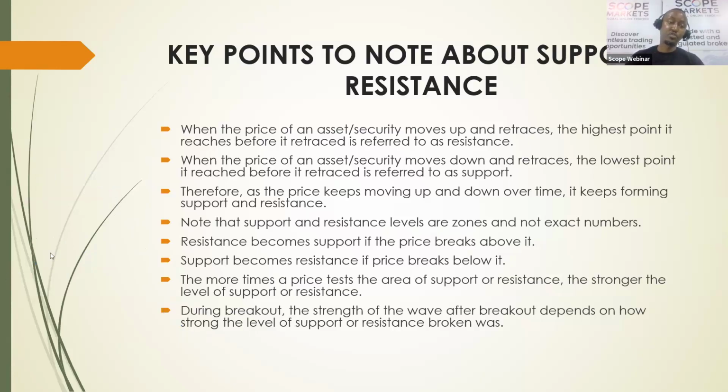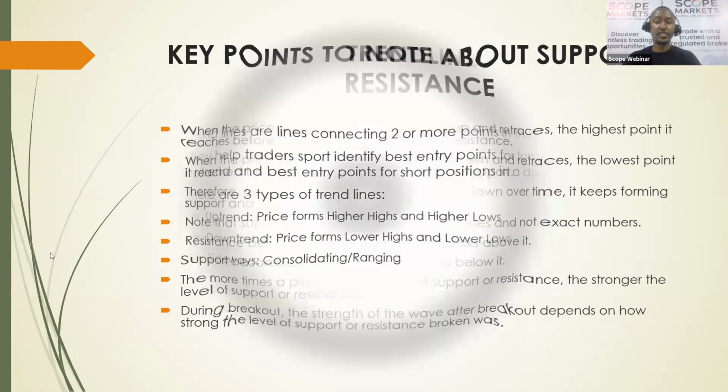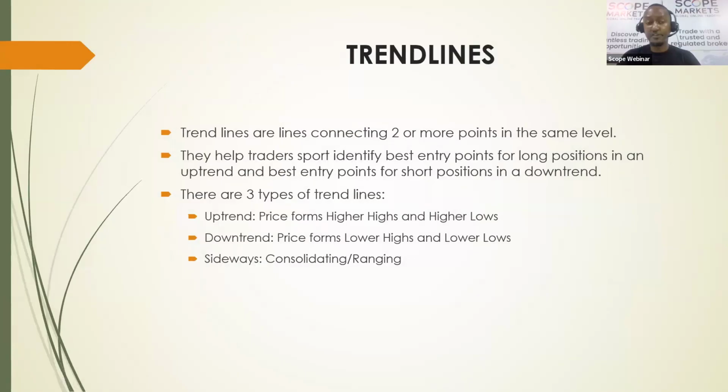Then we move now to the trend lines. Basically, trend lines are lines connecting 2 or more points in the same level. The difference between the trend lines and support and resistance is that the trend lines are diagonal. When I talk about diagonal, so this is diagonal.